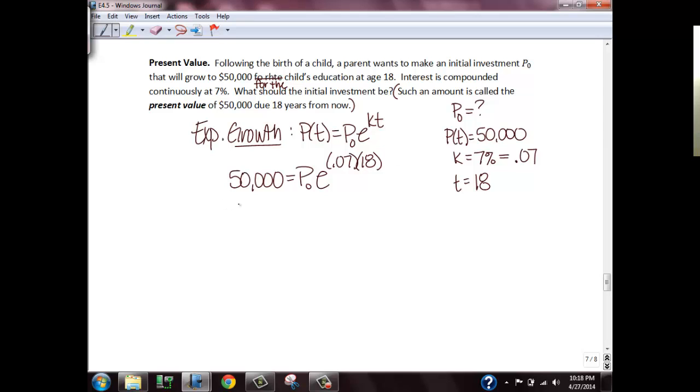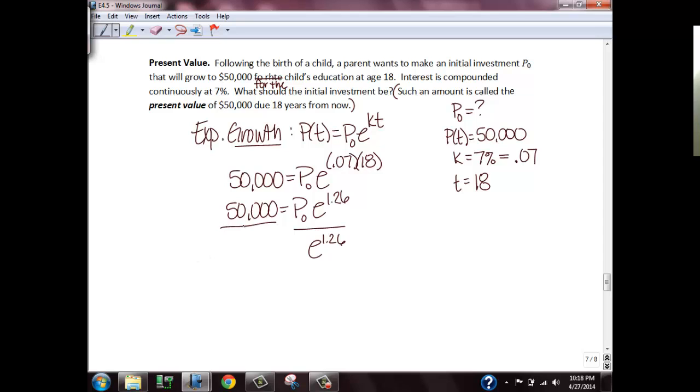Okay, I'm going to go ahead and simplify by multiplying the values in my exponents. So I have 50,000 is equal to P naught e to the 1.26 when I multiply those two numbers together. And then, in order to solve for P naught, I just need to divide off this e to the 1.26.